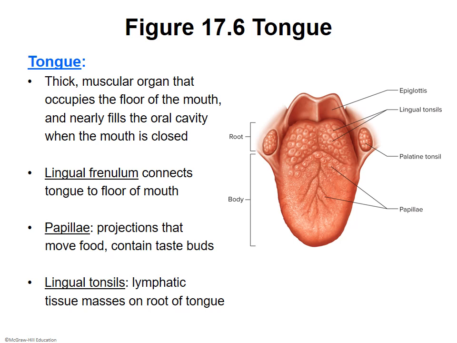So the lingual frenulum is what we talked about that attaches the tongue to the floor of the mouth. But also, when you think about the tongue, you think about taste buds, and we commonly refer to all of these bumps that are on our tongues as taste buds, but they're really called papillae.